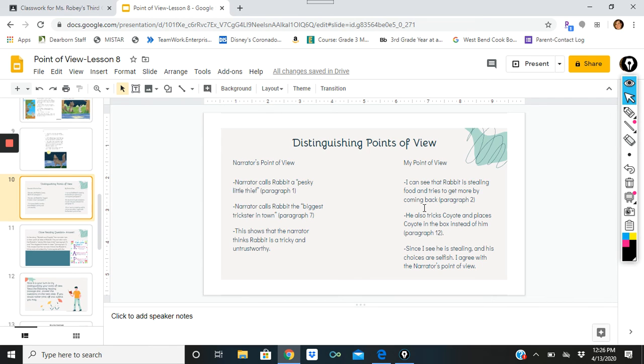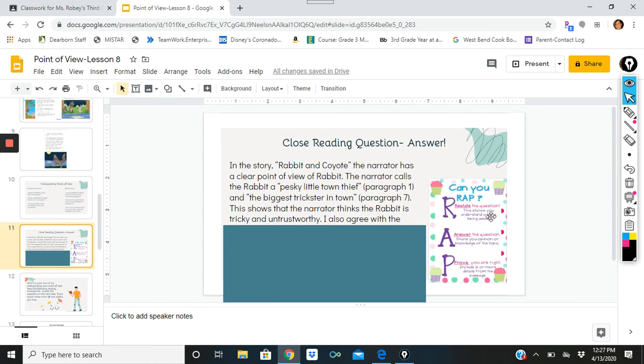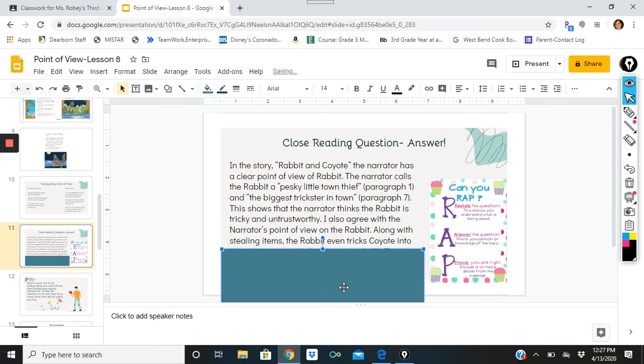So remember that, he steals more food, and I thought that he was stealing, and that's selfish. So I agree with this point of view. So I'm going to restate the question. If you notice my response, I also agree with the narrator's point of view on Rabbit. Did I answer and restate my question? Yeah, no, this one I put in the same sentence, and that's okay.